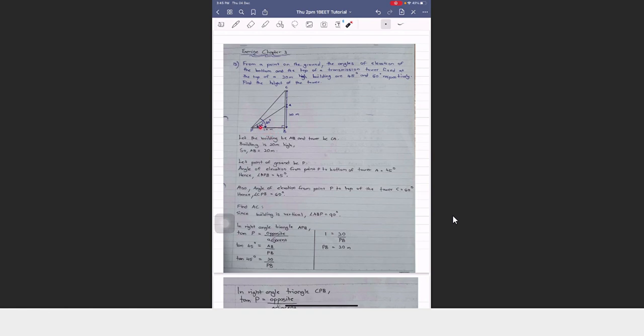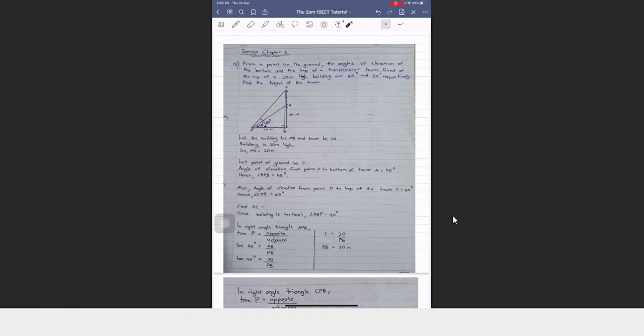In the right angle triangle with 45 degrees here, these two lengths are the same. So if this is the given 20 meters, this one also is 20 meters. Even though this is not given in the question, it's understood because of 45 degrees. So these are all the information you can put down on the diagram.